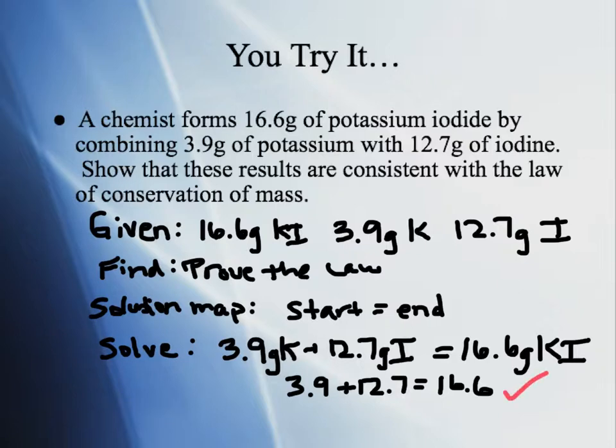So we can see that the law definitely takes place in this problem. So the law of conservation of mass says matter is neither created nor destroyed. However much you start with, mass-wise, is going to equal the mass of what you end with. And if it doesn't, then some escaped somehow.